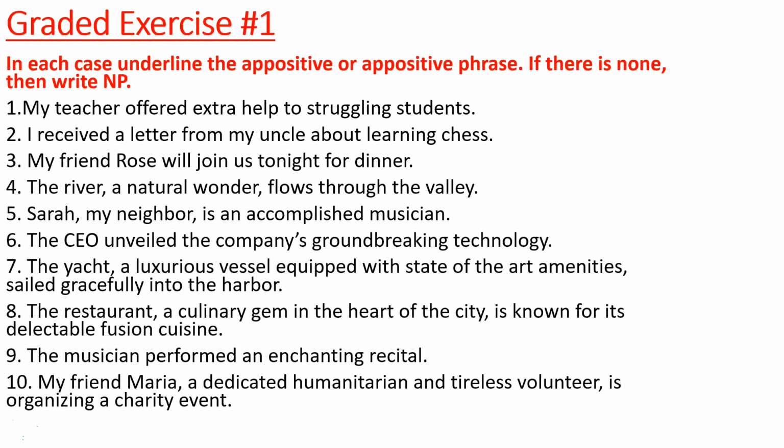Number 7, the yacht, a luxurious vessel equipped with state-of-the-art amenities, sailed gracefully into the harbor. Number 8, the restaurant, a culinary gem in the heart of the city, is known for its delectable fusion cuisine. Number 9, the musician performed an enchanting recital. Number 10, my friend Maria, a dedicated humanitarian and tireless volunteer, is organizing a charity event. All right.